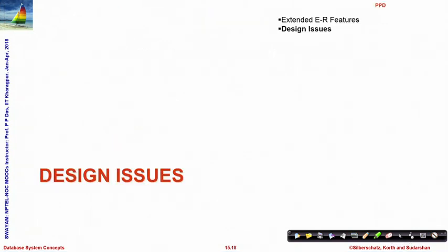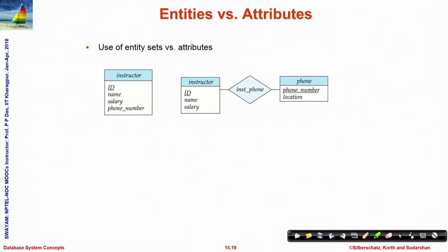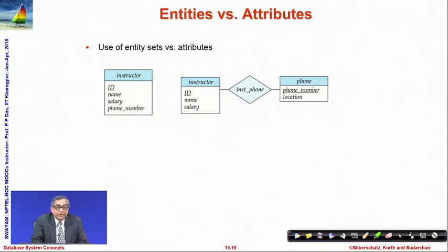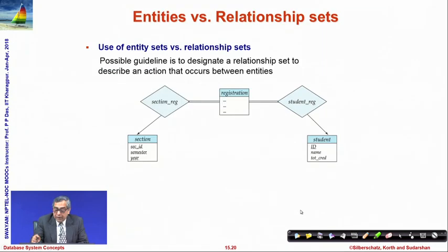Okay. Now, given these basic features as well as the extended features, let me talk about a few design issues, the different challenges that we have seen so far. For example, we have seen the case of multi-valued attributes. The way we can represent that is by using the multi-valued attribute as a separate entity set, like the phone number, which also has the advantage of having its own added information.